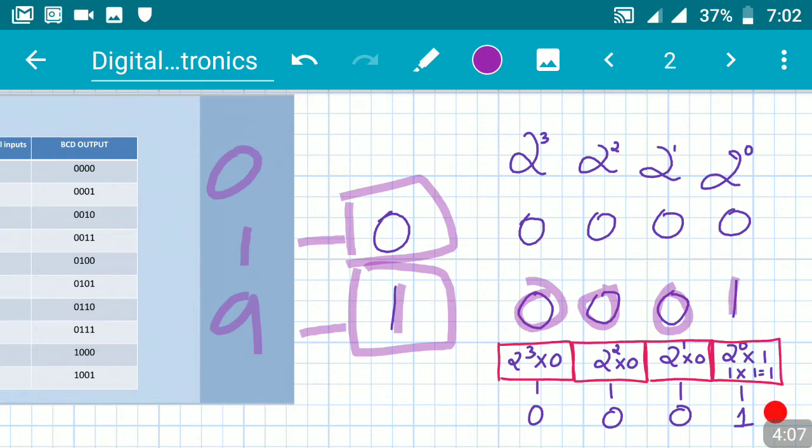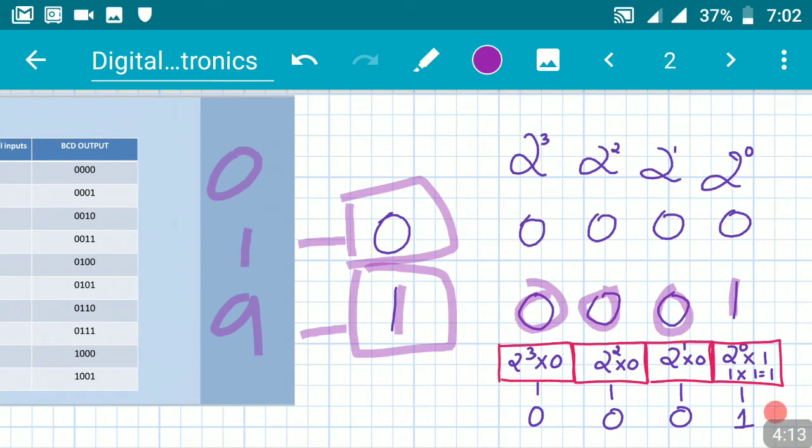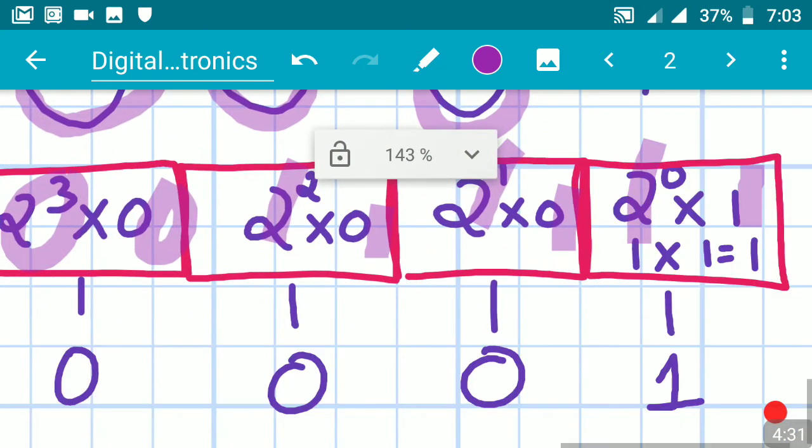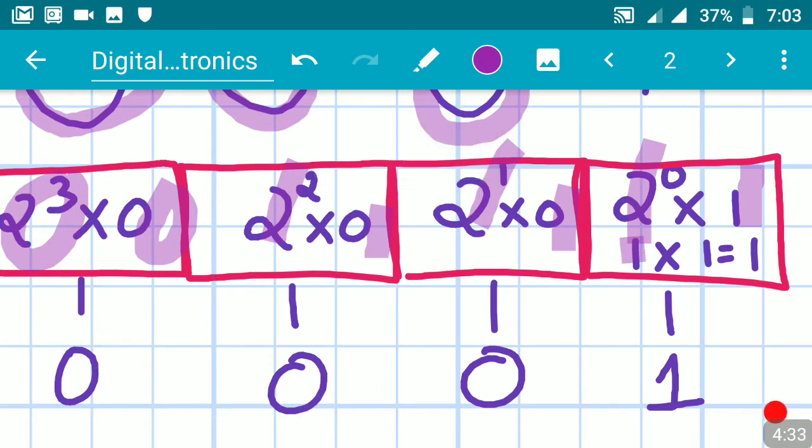So how this becomes the binary code of 1 is what we are going to understand here. First I have 2 to the power of 3 into 0, 2 to the power of 2 into 0, 2 to the power of 1 into 0, 2 to the power of 0 into 1. Anything to the power of 0 is always 1. Keep this in your brain. That is why I have written here 2 to the power of 0 is 1.